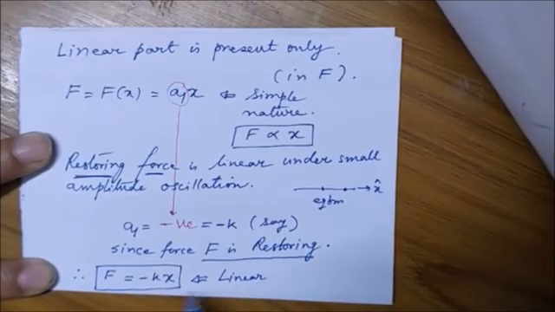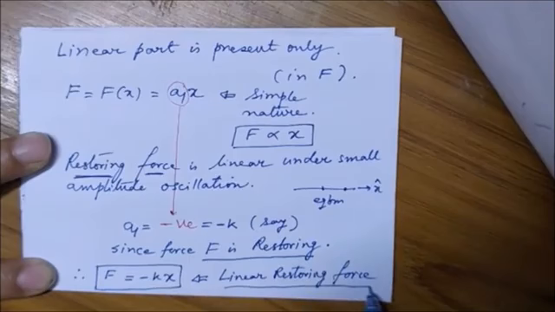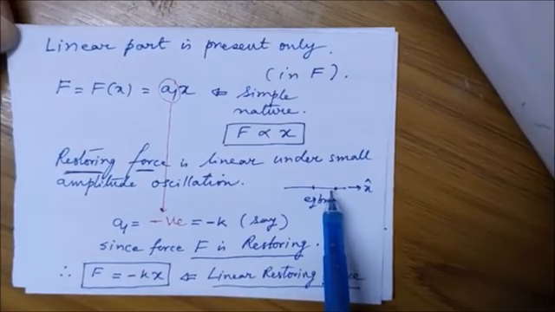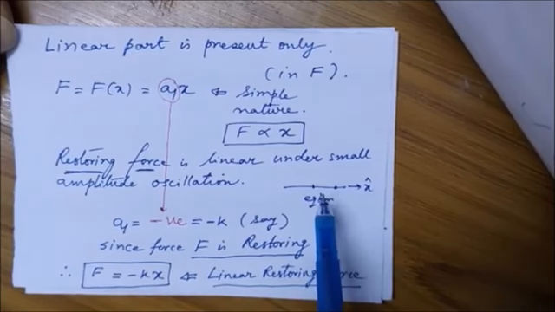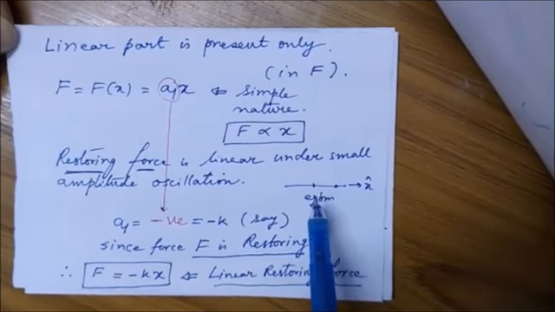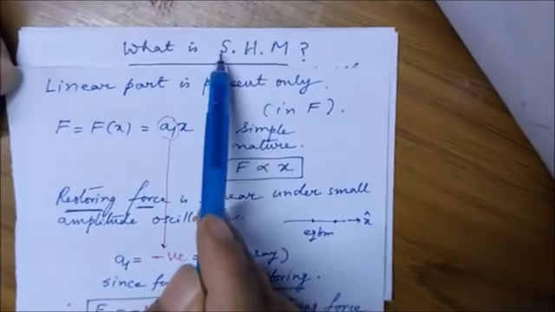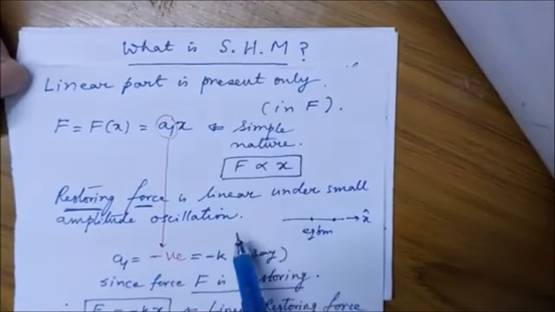So it is linear. Negative means it is restoring, and this is a force. The motion of the particle therefore occurs under a linear restoring force if x is small or the amplitude is small, and this motion is of simple nature, and that is why we have simple harmonic motion. So simple because of this fact.